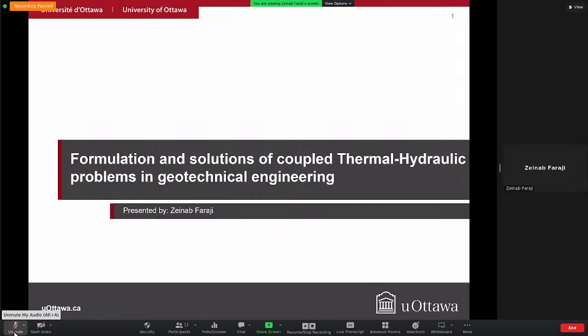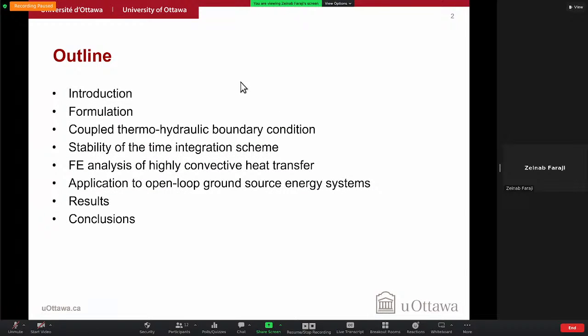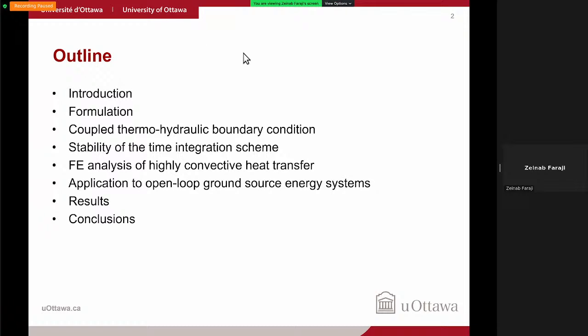My name is Zainab, and I'm going to talk about the formulation and the solution of coupled thermal hydraulic problem in geotechnical engineering. And first we'll start with a brief introduction about the problem that we are going to solve, and then the formulation. And then we'll talk about the coupled thermohydraulic boundary condition.